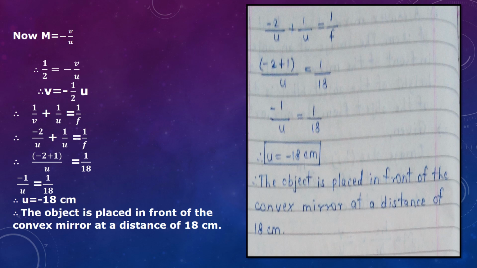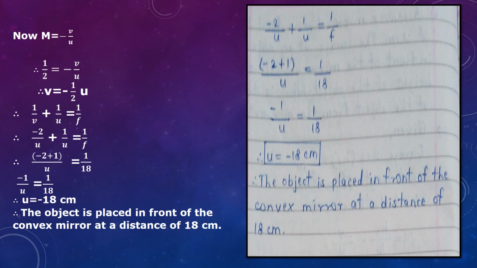Now we are going to use the mirror formula, that is 1 upon V plus 1 upon U is equal to 1 upon F. Here we will put the values: V is equal to negative 1 upon 2 into U, means 1 upon V is negative 2 upon U, plus 1 upon U is equal to 1 upon F. Their denominators are equal, so we will add this.